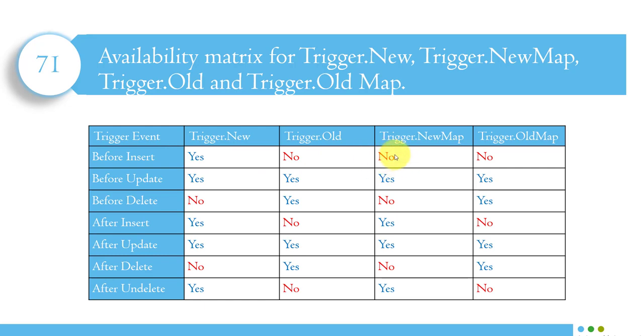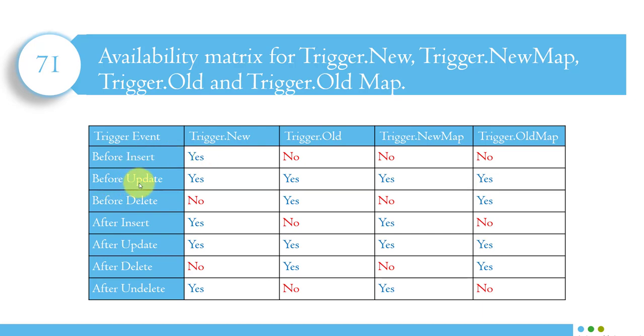The reason is, as in the earlier question, newmap always requires an ID. But in before insert we will not have an ID because we are about to create the record. Salesforce generates the ID only after the creation of the record.